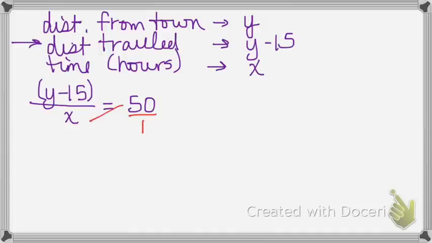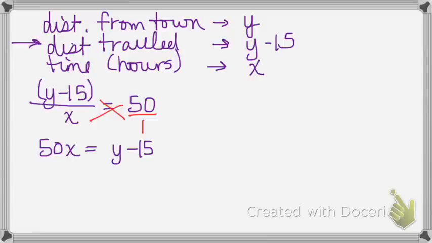So I can do cross products. So let's look at what that is going to look like here. So 50 times x is equal to y minus 15 times 1. Okay, so since I'm solving for the distance, y, I'm going to rearrange this equation a little bit.